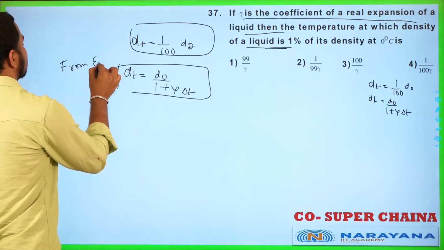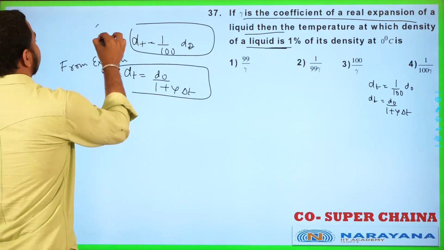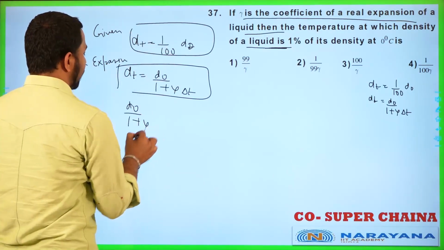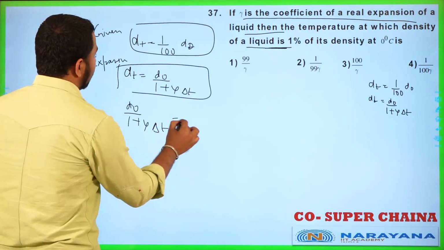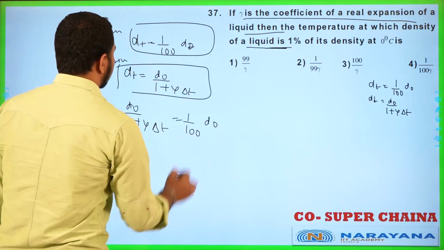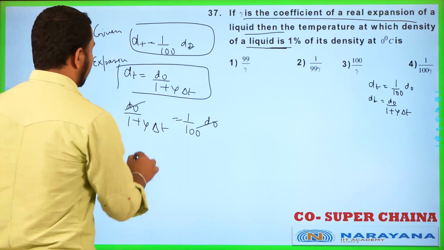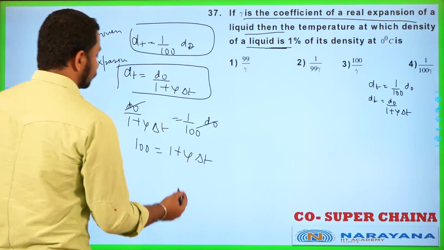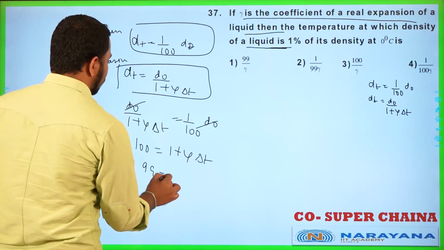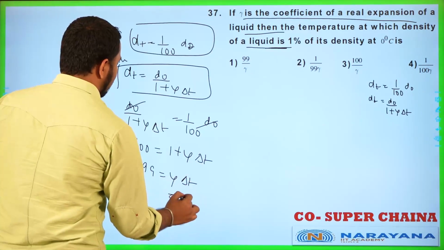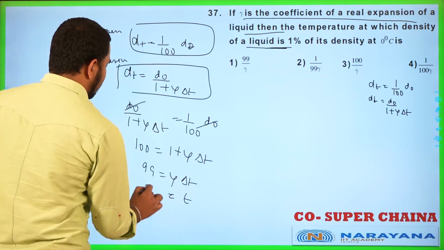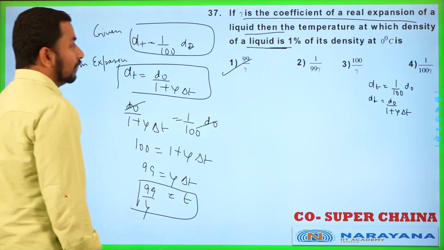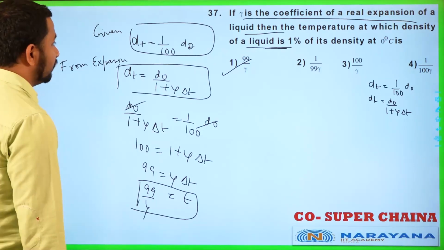Equate this: d naught by (1 plus gamma delta T) will be equal to 1 by 100 d naught. This will cancel out. Simplify: 100 is equal to 1 plus gamma delta T. So 99 is equal to gamma delta T. This T will be 99 by gamma. That will be the answer of this question.